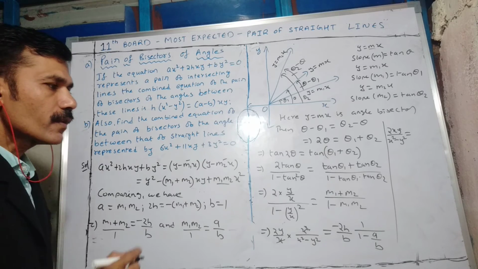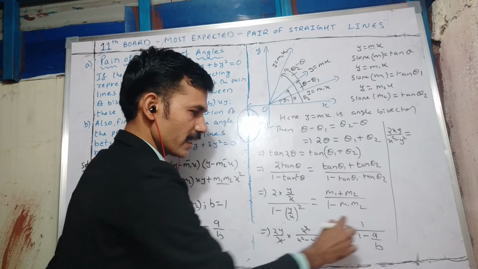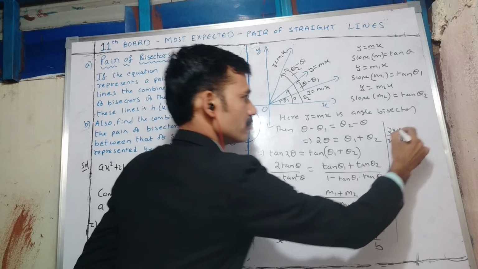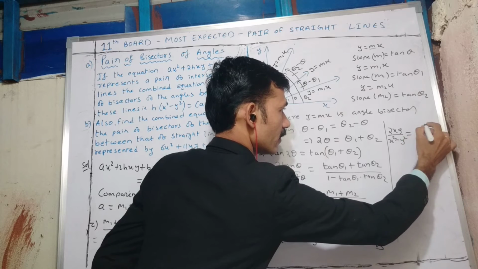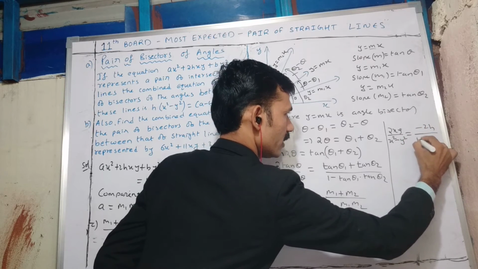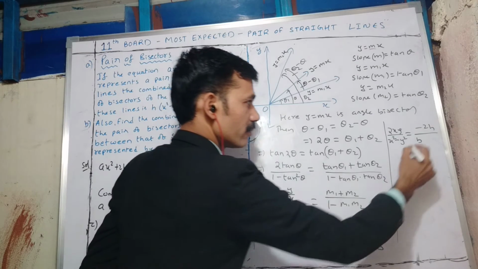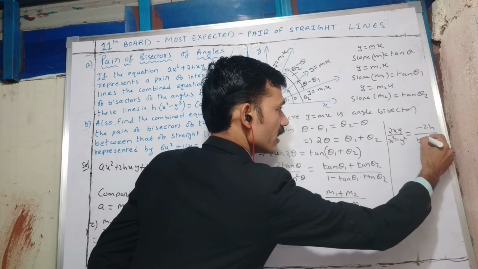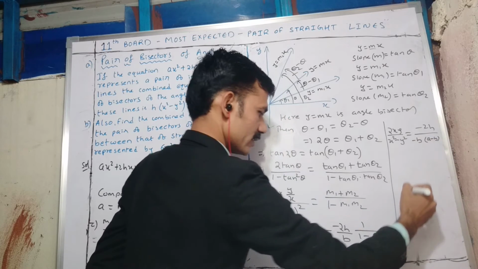Next, what we can do here, we have to do cross multiplication. b minus a will come. So minus 2h is there in the numerator. Here also, minus I can take common, then a minus b will become b minus a. I can take minus common.